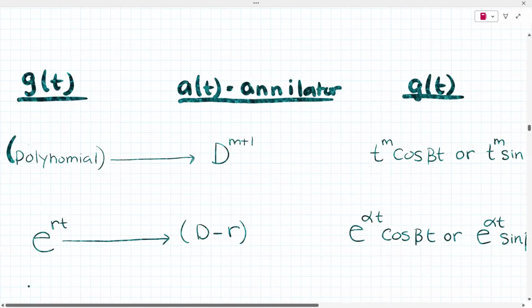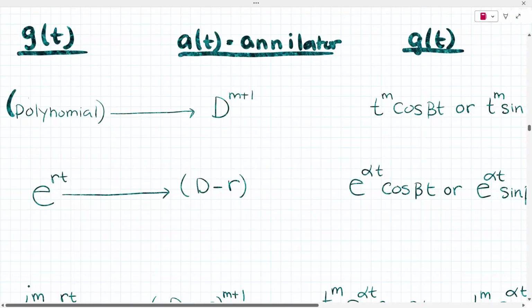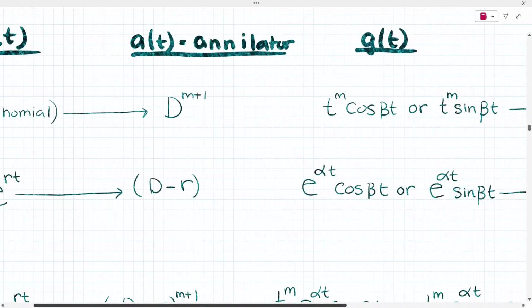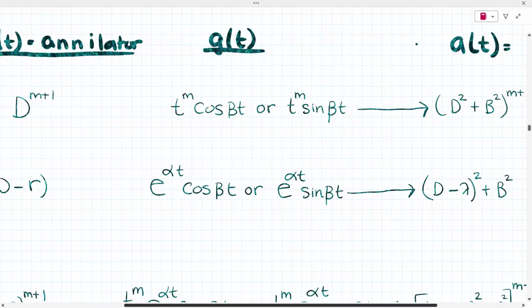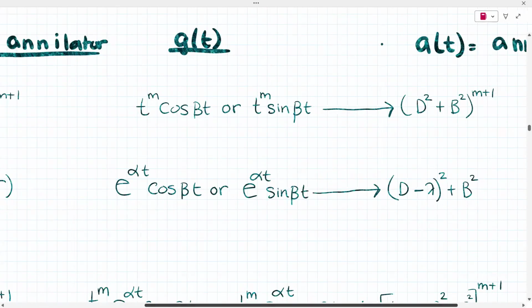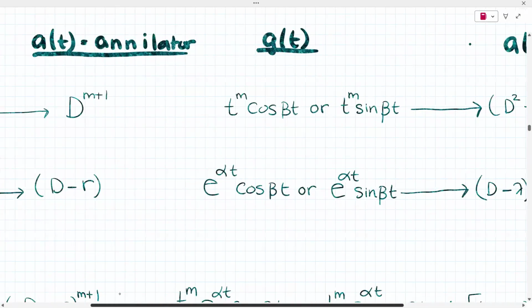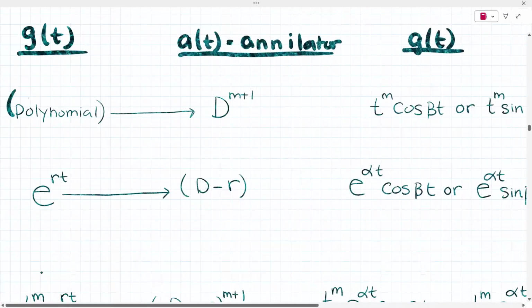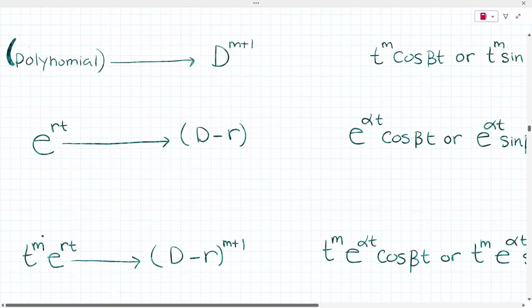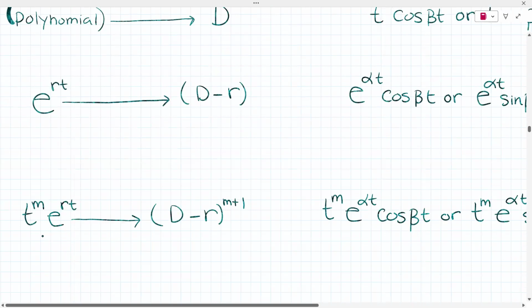And if you have an exponential and a trig, for example e to the alpha t cosine beta t, it would turn into (D minus alpha) squared plus beta squared. If you have an exponential and a power, it's going to be (D minus r) to the m plus 1.